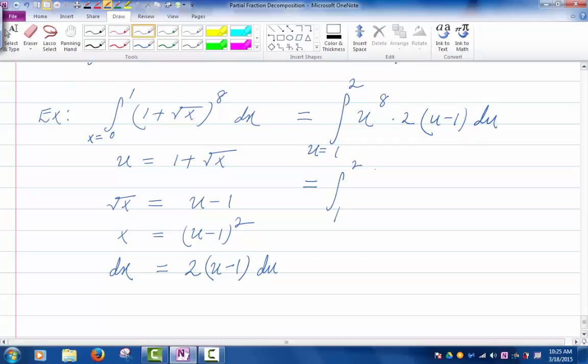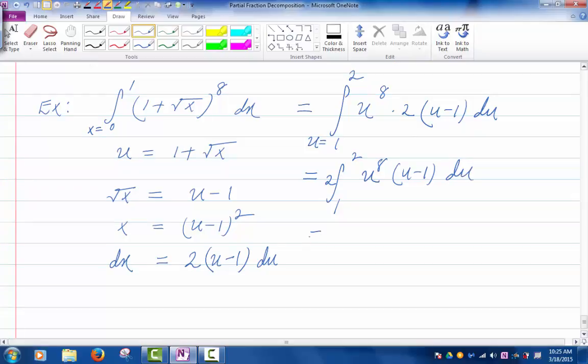That 2 that I have, that can be taken outside, and you get u to the 8 times u minus 1 du. And now you should multiply them out. U to the 9 minus u to the 8 du.